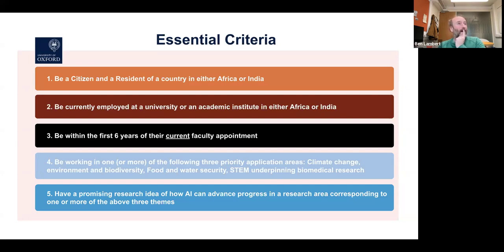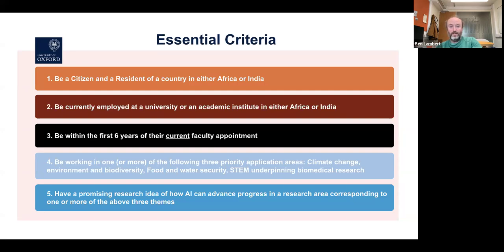So I'm going to go back to something we've said earlier, which is that we are just looking to check that people know enough about that particular area to know that what they're planning on doing within that research area is likely to lead to meaningful change in that discipline. I won't say that it's impossible that someone who has not worked in, say, climate change previously could do meaningful work in climate change, but it might be quite a lot harder than if you are already working in that area.